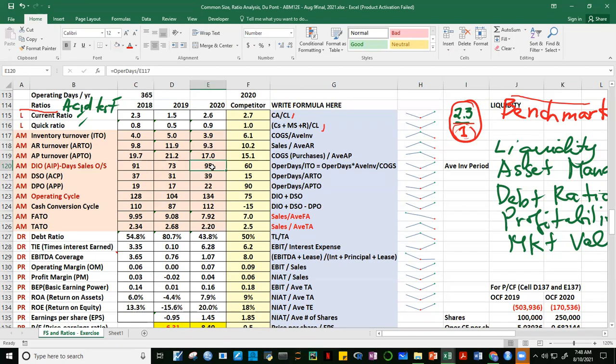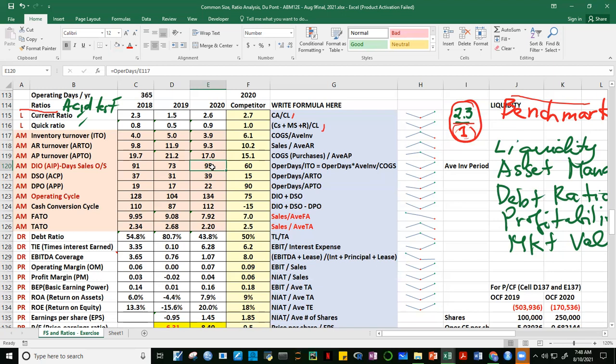So how can we compete with this kind of performance? This begs the question: why is our direct competitor, our closest rival, able to sell their goods in 60 days, while it takes us 95 days? This begs a critical analysis from the managers of the company to analyze their operations.